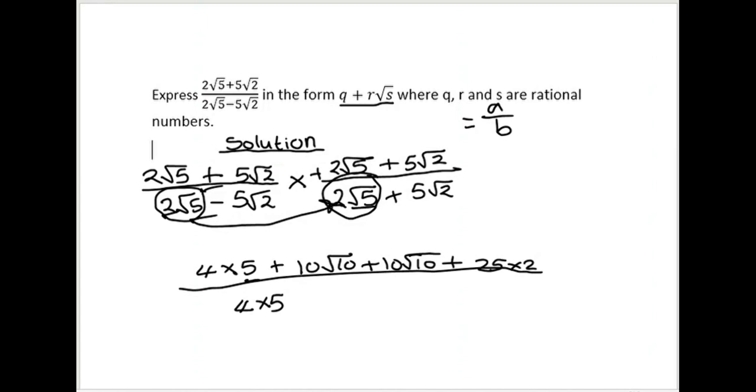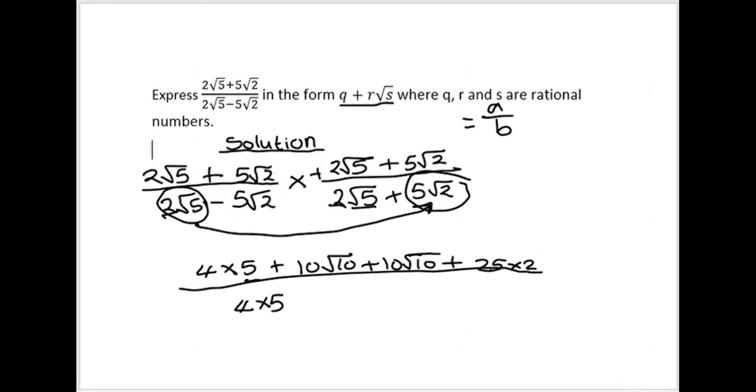Then I'm going to multiply 2 root 5 times 5 root 2. So that's going to be plus 2 times 5 is 10, 5 times 2 is 10.